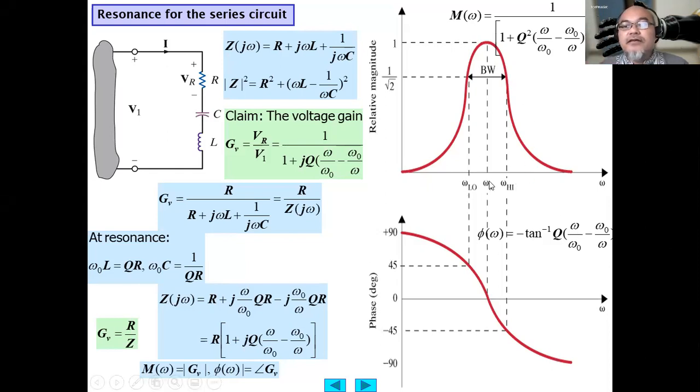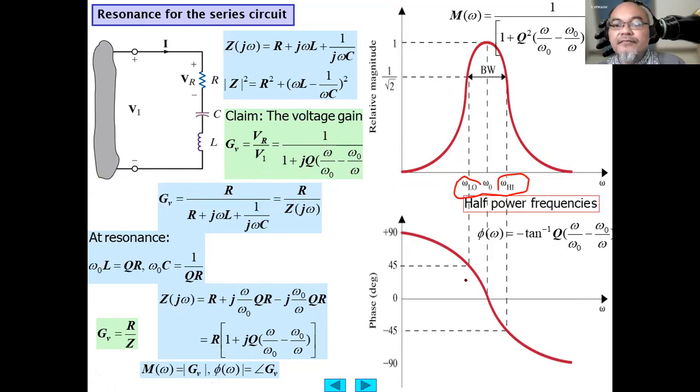At the resonant frequency, it has the maximum amplitude, but at lower frequency, it starts to decrease. After that, at higher frequency, it also decreases. And the bandwidth is defined as the width between the lower frequency and higher frequency, where the relative magnitude is 1 over square root of 2, coming from this formula.